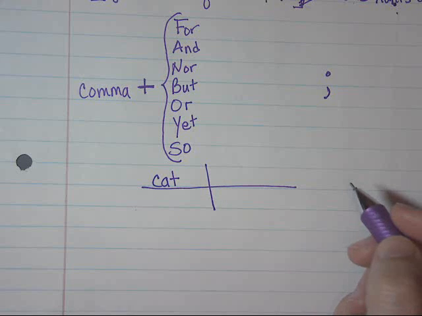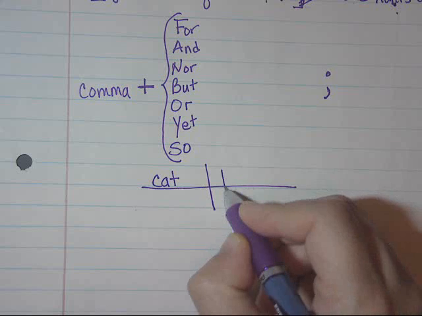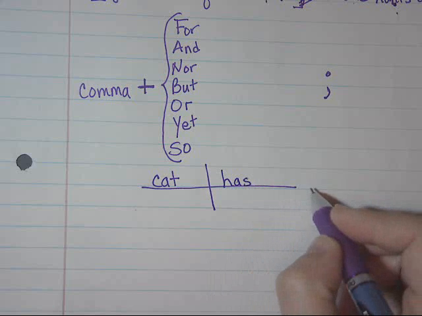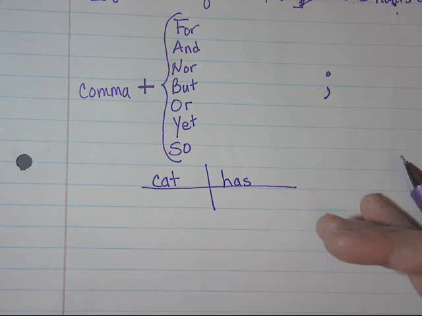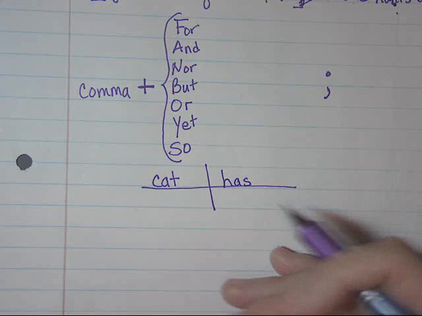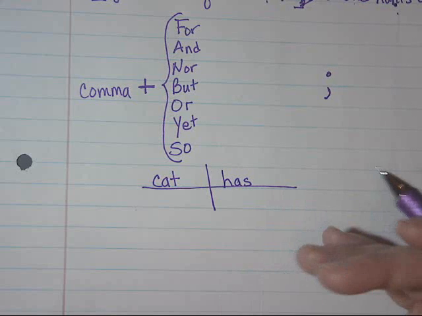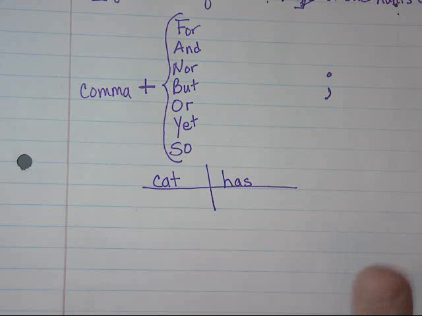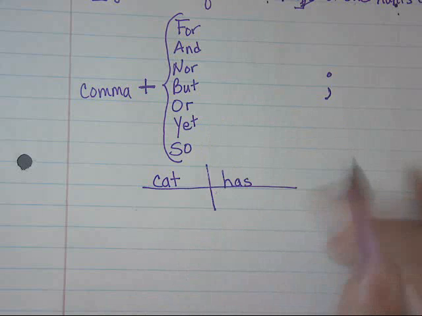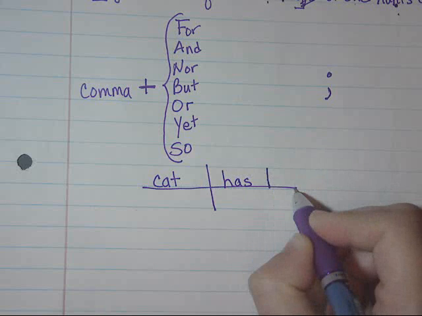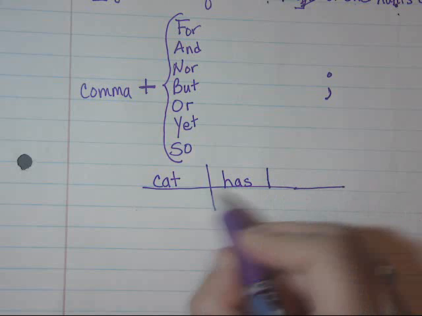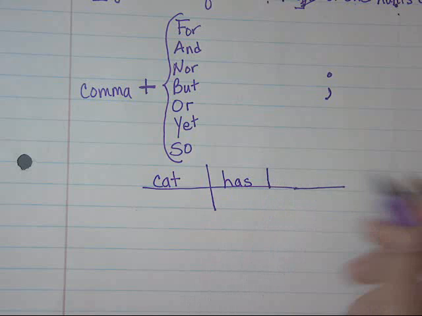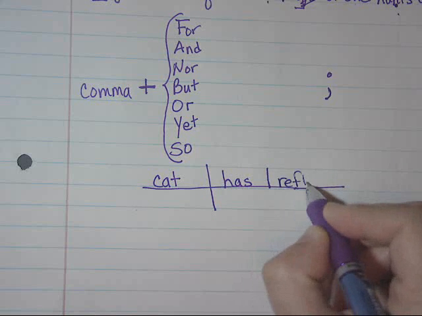What does the cat do? Has. Very nice. Now, we're going to get more sophisticated later and talk about linking verbs and subject complements, but for right now, it's okay to treat this like an action verb that takes a direct object. And cat has what? Reflexes. Very good.